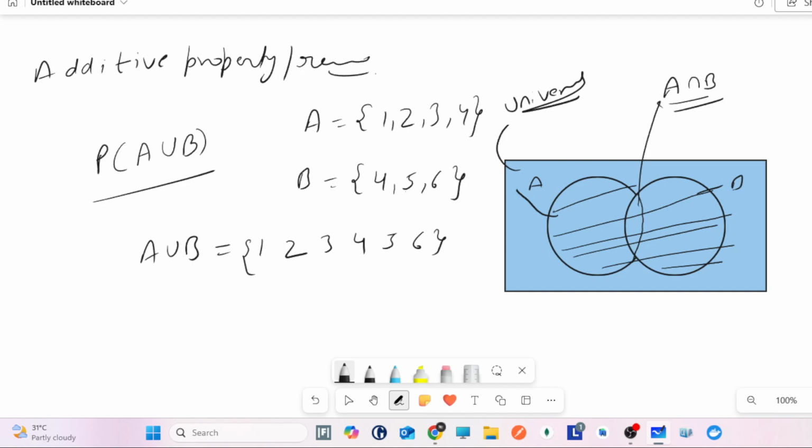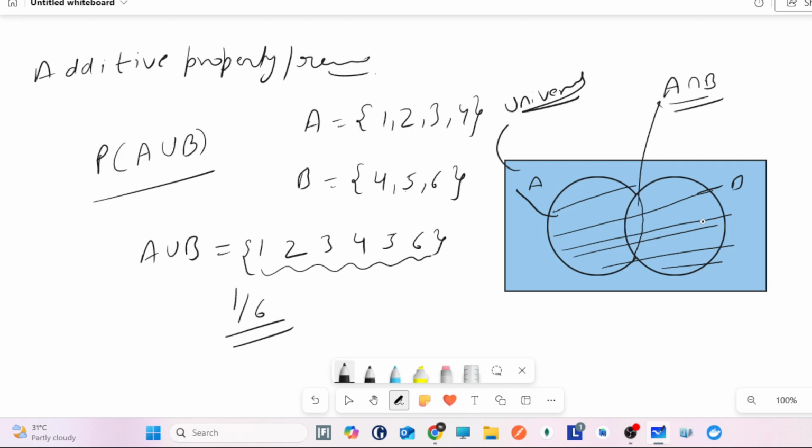Simple. So this is A union B. So what is the probability of getting an element from A union B? It means what is the chance of getting an element from this sample space, choosing one element at a time. So what is the probability of getting 2, say? 1 by 6. That's all.